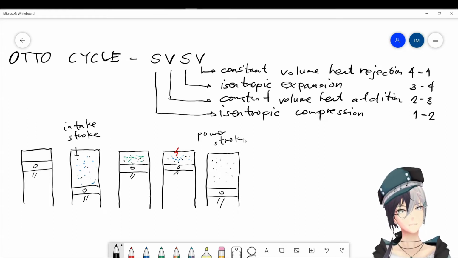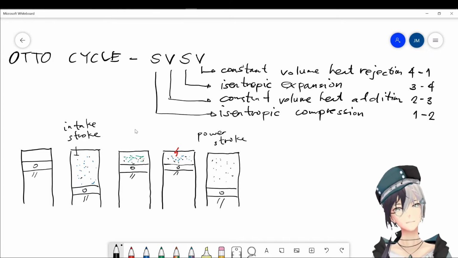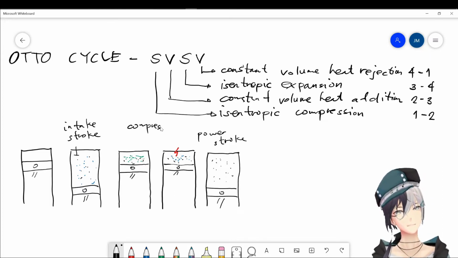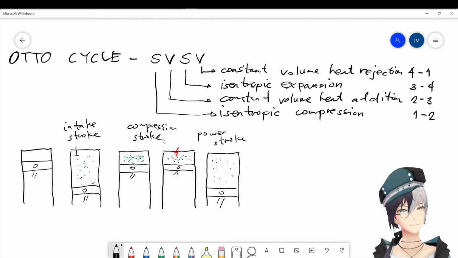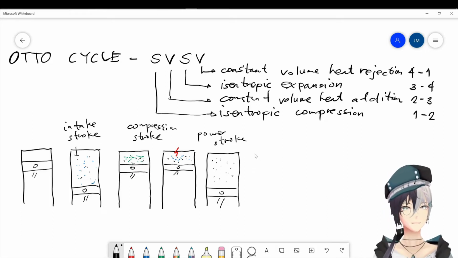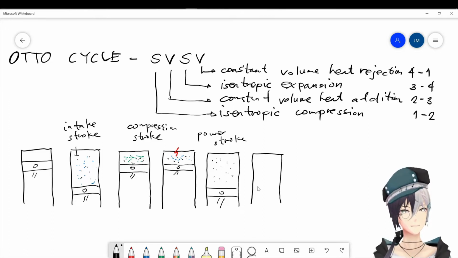I forgot the compression stroke, so let me write it here: compression stroke, power stroke. And then we now have a constant volume heat rejection.